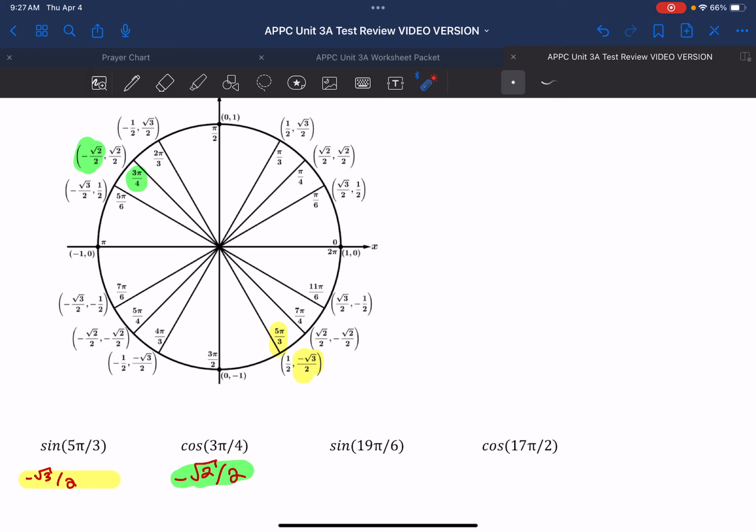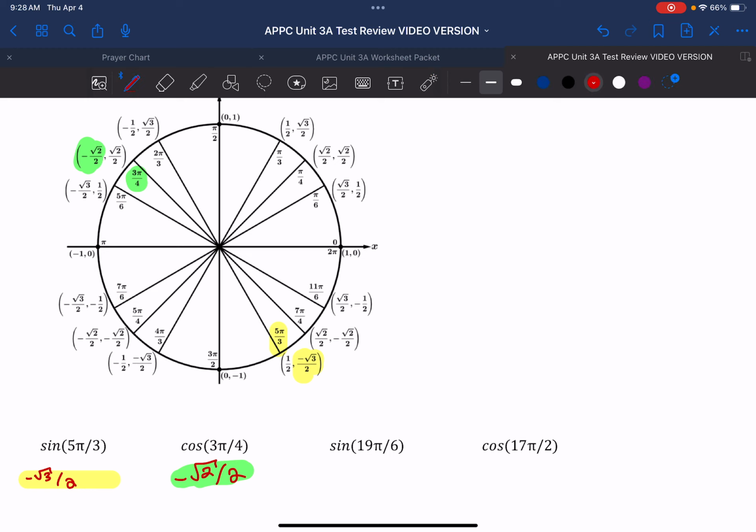So let's count by those. 1, 2, 3, 4, 5, 6, 7, 8, 9, 10, 11, 12, 13, 14, 15, 16, 17, 18, 19.